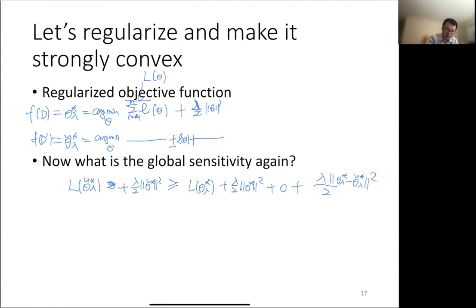Okay, similarly on the other alternative objective that's coming from a neighboring data set, we can apply the definition of strong convexity again.